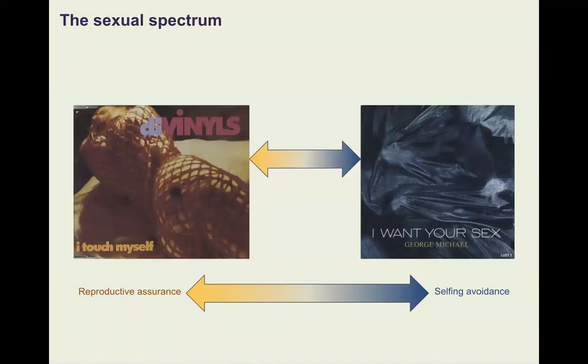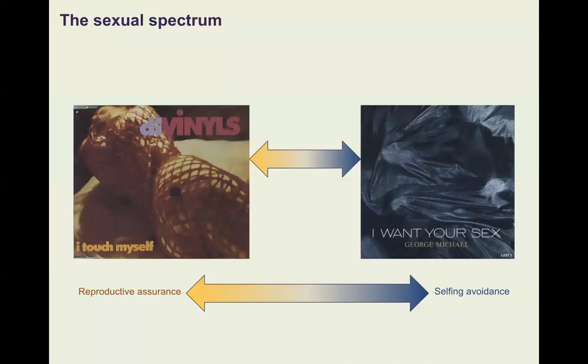So I like to think about this as a question of plants having the option to go really any place on this, what I'm calling tongue-in-cheek here, the sexual spectrum.